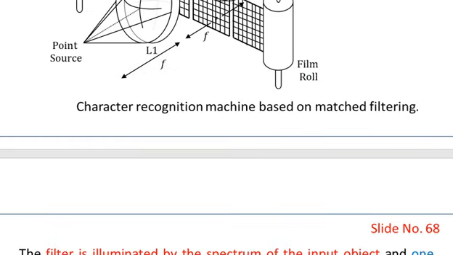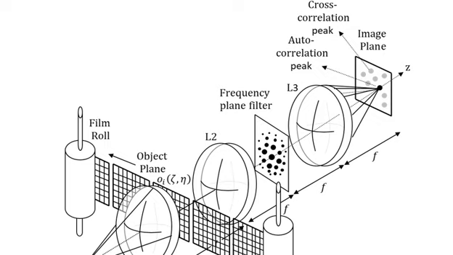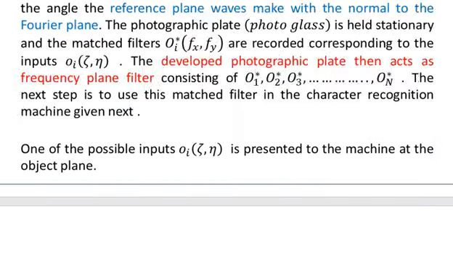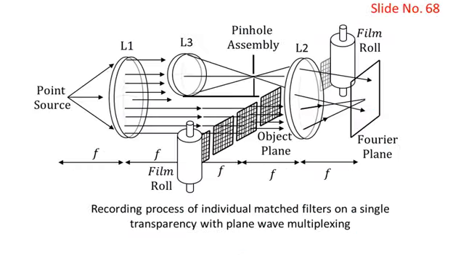So the known objects mean that we have used all the inputs over here in order to generate our frequency plane filter, or the matched filter. So these inputs are said to be known inputs, which we have stored as the matched filter using this setup.